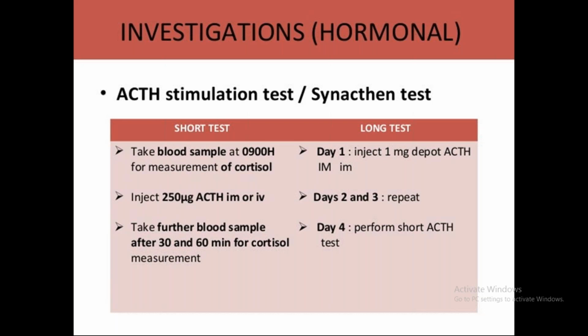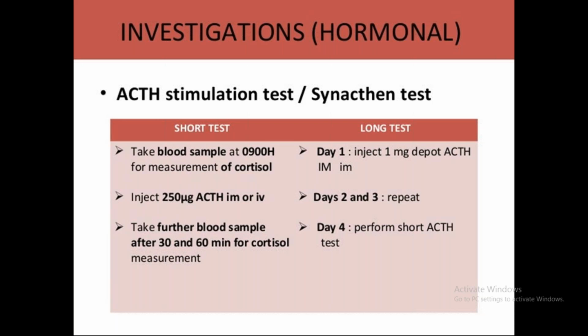In the short test, take a blood sample at 9 a.m. for measurement of cortisol. After that, inject 250 micrograms of adrenocorticotropic hormone intravenously or intramuscularly, and take further blood samples at 30 minutes and 60 minutes. You measure the cortisol levels.